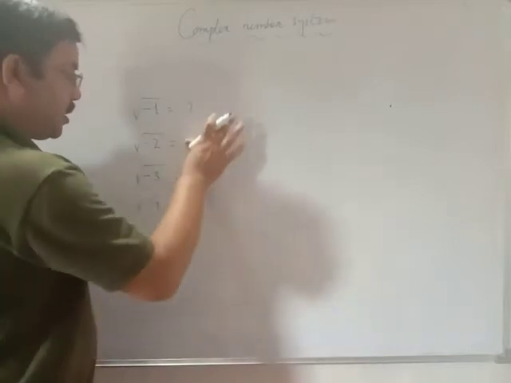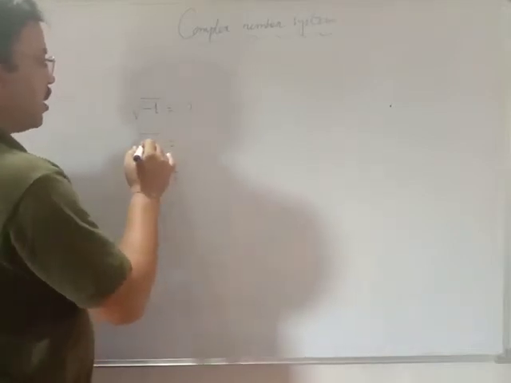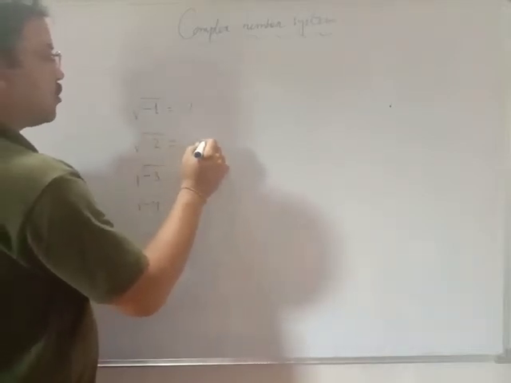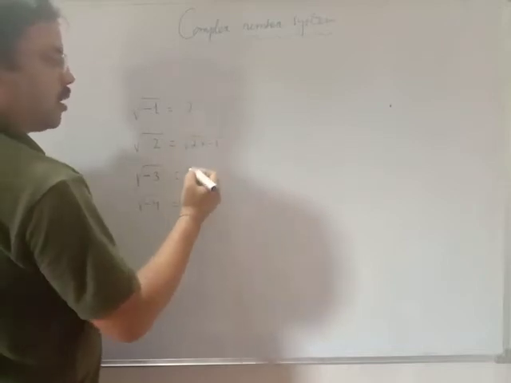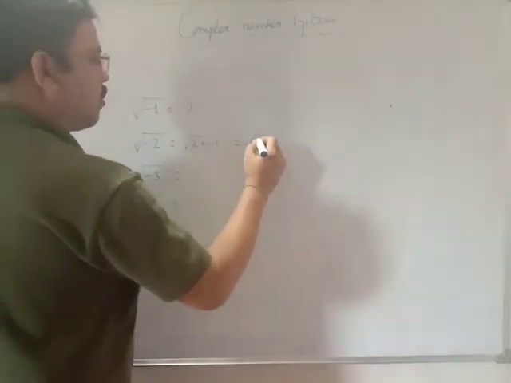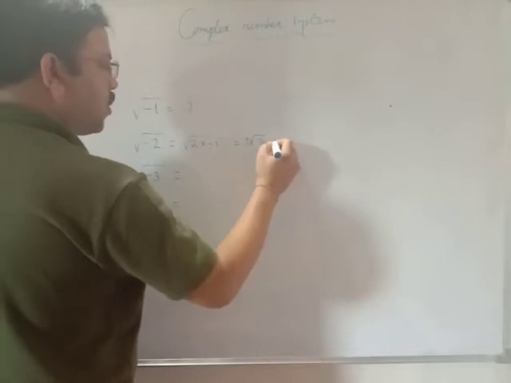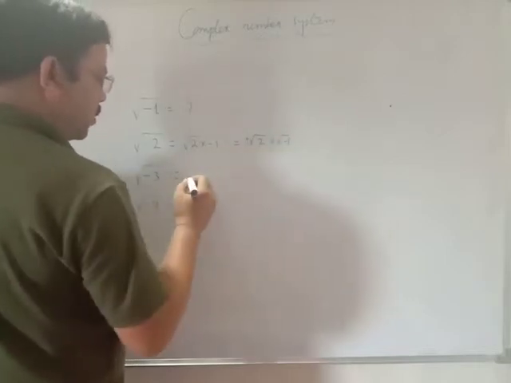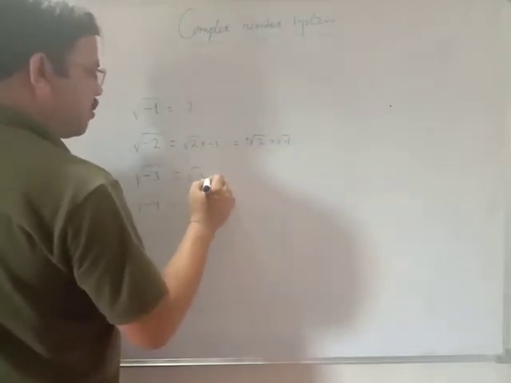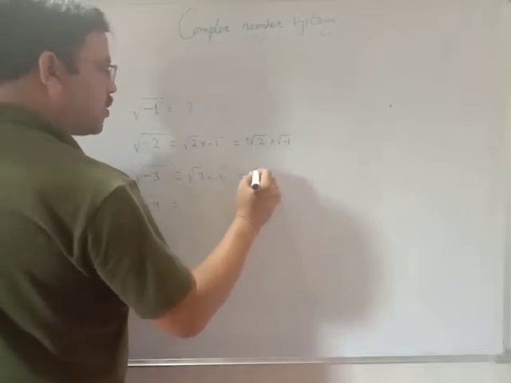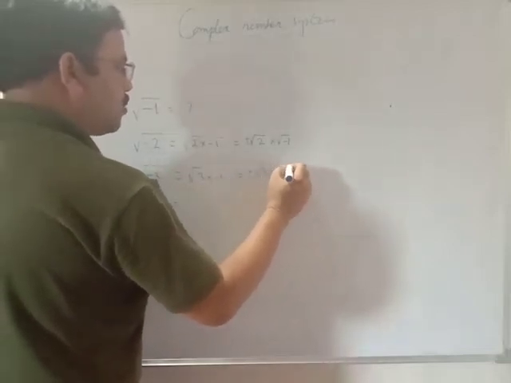But the common thing is that root of -2 is equal to root over 2 into -1, which is plus minus root 2 into root of -1. This is the same as root of 3 into -1, equal to plus minus root 3 into root of -1.